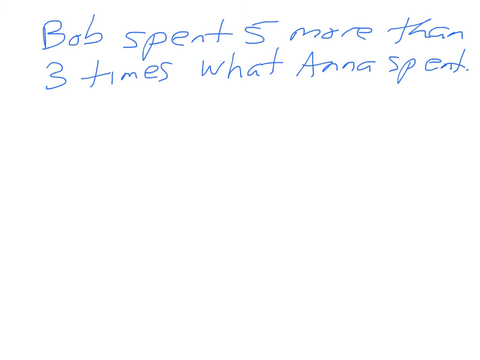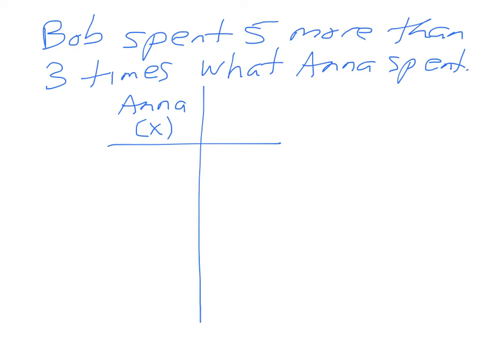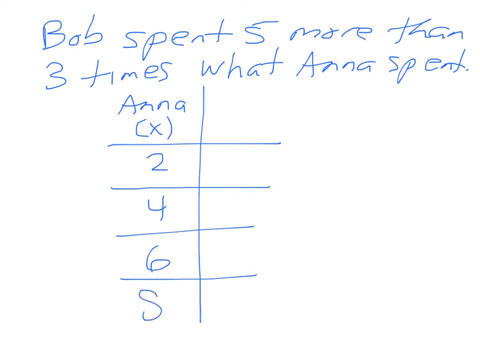Now, I'm going to tell you that Anna, which is my X, spent $2 and $4 and $6 and $8. I want you to figure out the Y, or what Bob spent. So pause the video and see if you can figure out what did Bob spend.